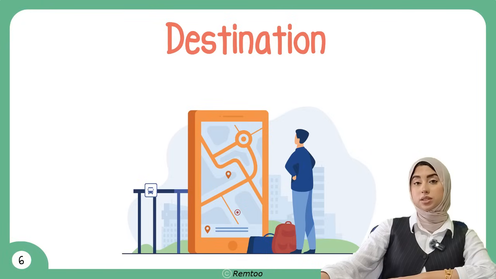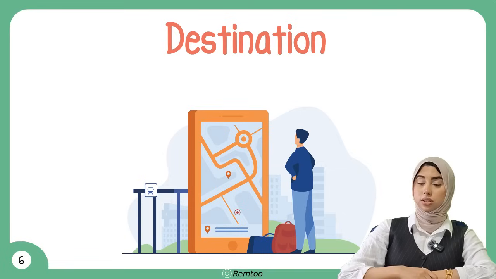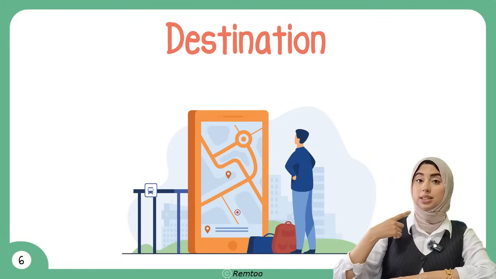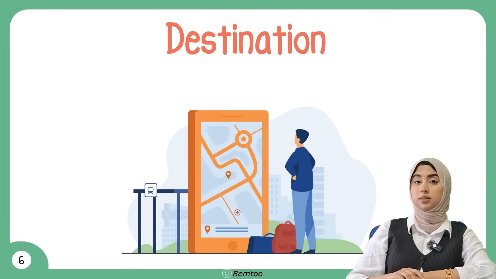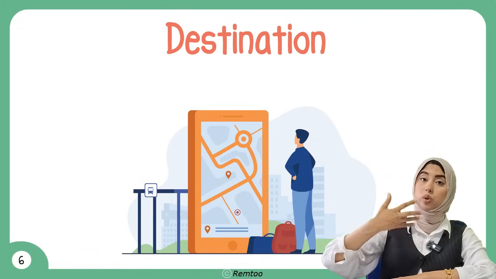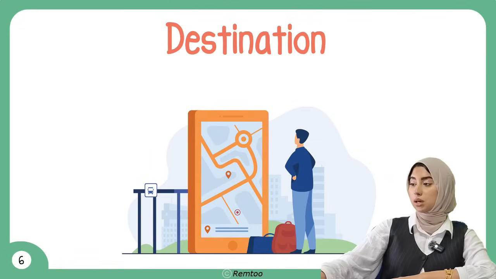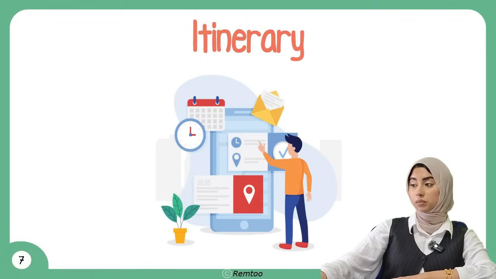Now let's learn some words related to our topic, which is traveling and future plans. The first word is destination. Please repeat after me: destination, destination, destination. Destination is the place we're going to, like al-wijha. Then we have itinerary, itinerary, itinerary.